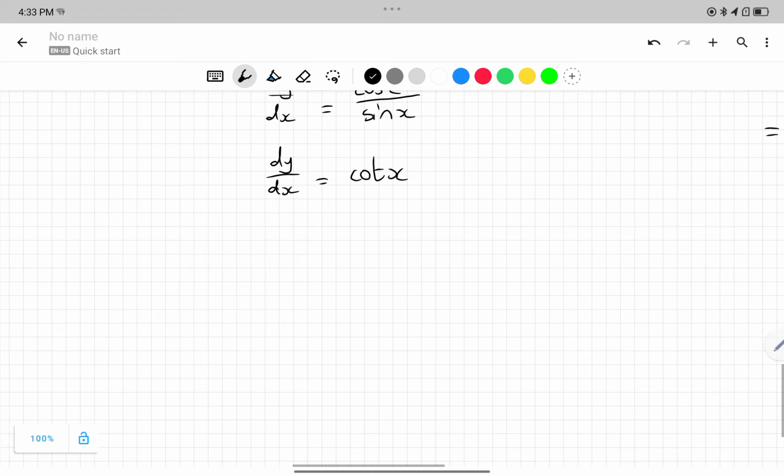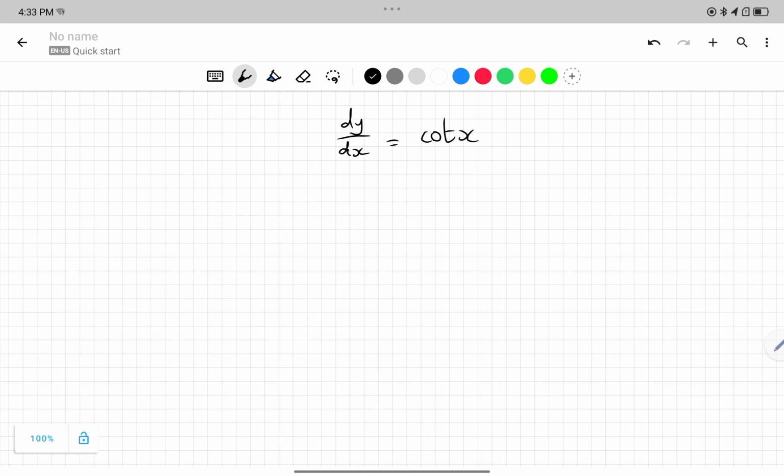Okay, problem 6. y is equal to x plus 1 over root x minus 2, and we need to differentiate that. So find y prime, which is equal to dy by dx, just for emphasis sake.